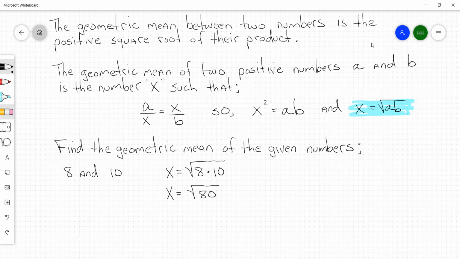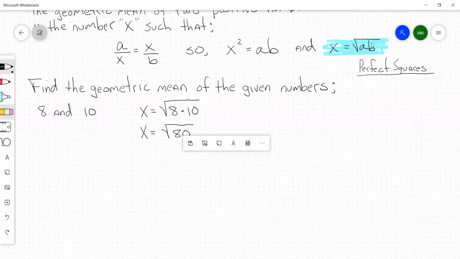over here on the right, we're going to make a list of perfect squares. Perfect squares are numbers whose square root is a whole number. 1 is a perfect square. 4 is a perfect square.